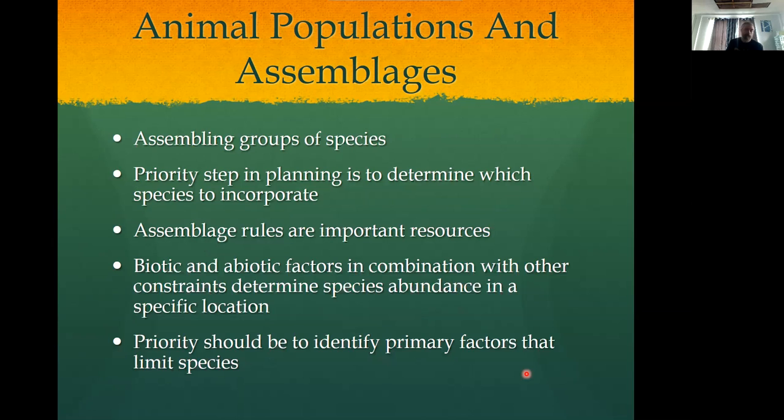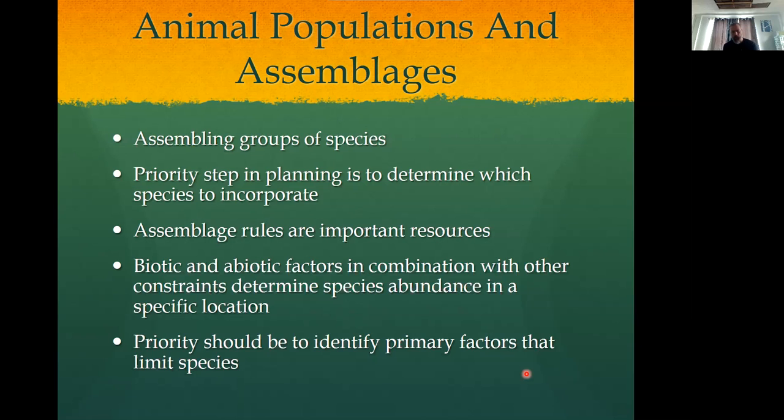It's a priority step. It's an important thing because, again, you can't do everything. You can't solve every problem. It's just not something you're going to be able to do. It's a little depressing, but it's the reality. And one thing that you can go to here are what are called assemblage rules.